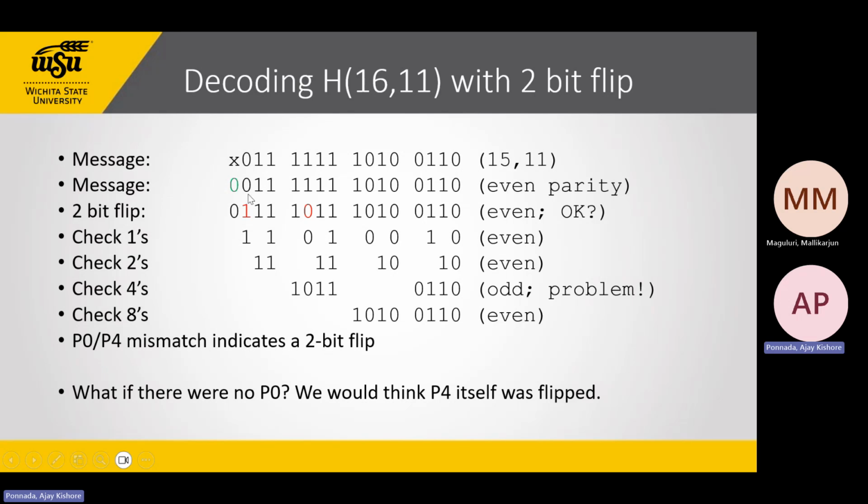If we were correcting it, we'd have a 0 here, so it would be mismatched. So now we know it's not a single flipped bit, so we can detect 2 errors. We can't correct them, but we can know there were 2 flipped bits.